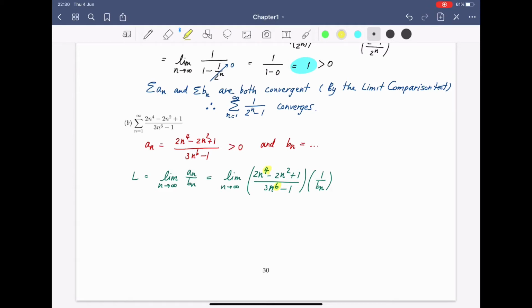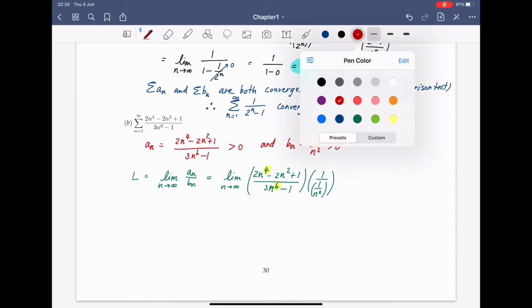So I'm going to pick my bn to be 1 over n squared. So this is always positive for sure. And then let's compute the limit first.